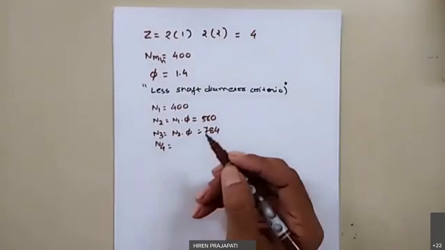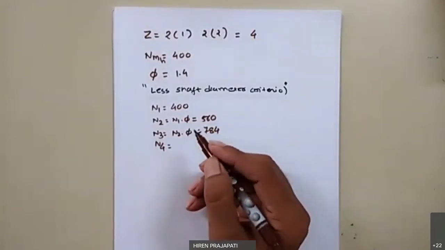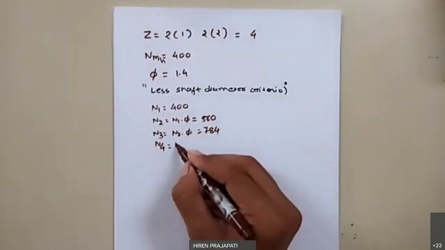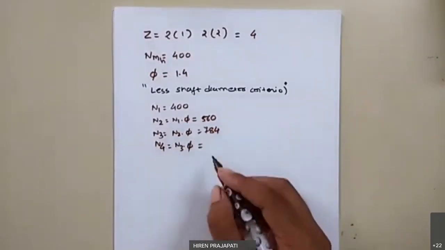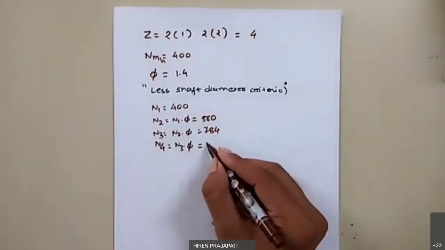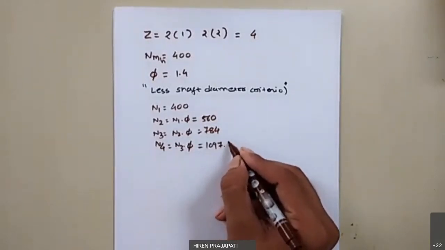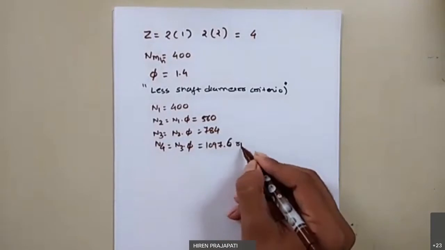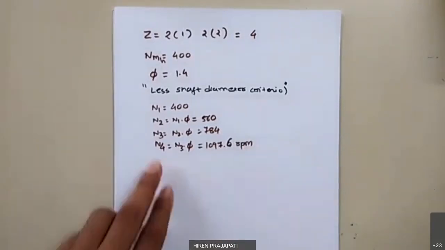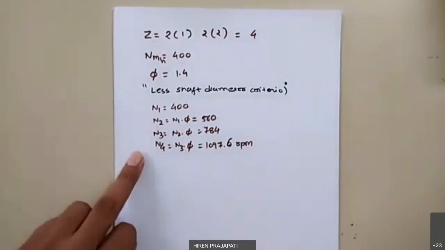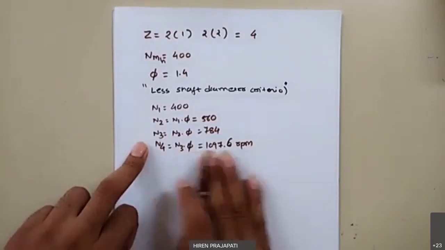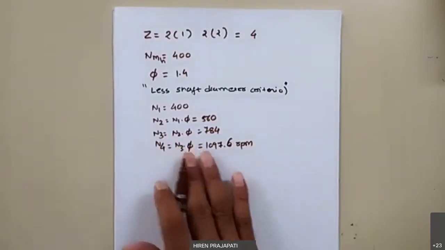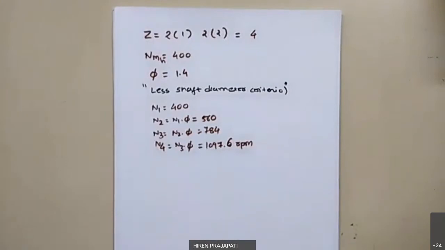N4, this is the maximum possible speed from the gearbox. N4 is again N3 into phi, so 784 into 1.4 gives 1097.6 RPM. Now these are the theoretical values. Later we'll see we get variation in the RPM, so the actual RPM would be somewhat different from this. So these are the required RPM from the gearbox.